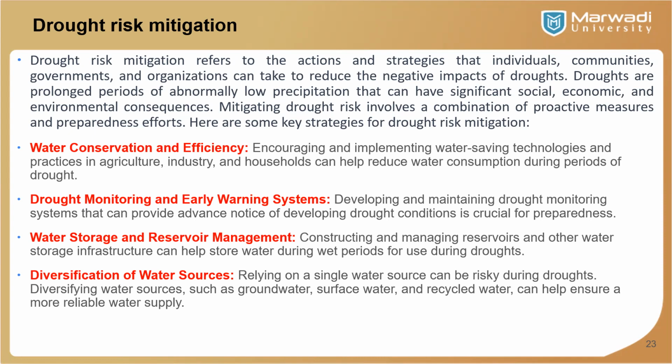Once water has been used, like industrial wastewater, it can be recycled and used for agricultural or industrial purposes, which will reduce the demand for fresh water from these two sectors.